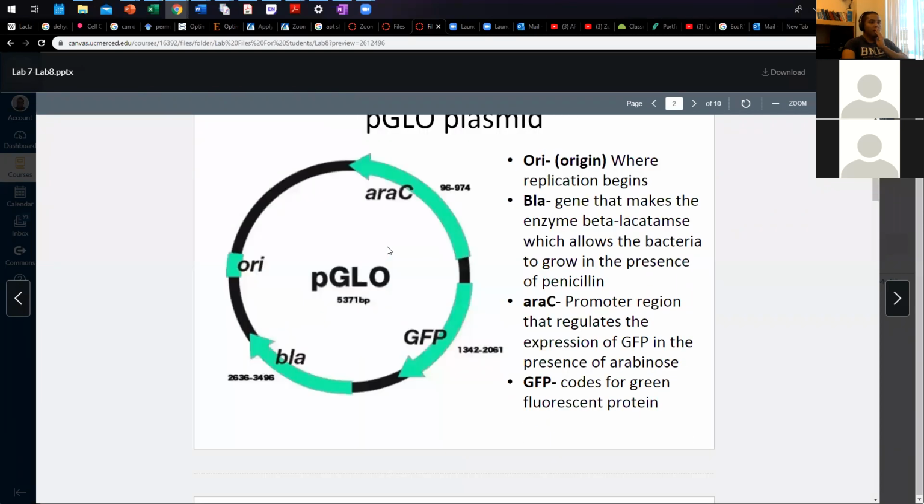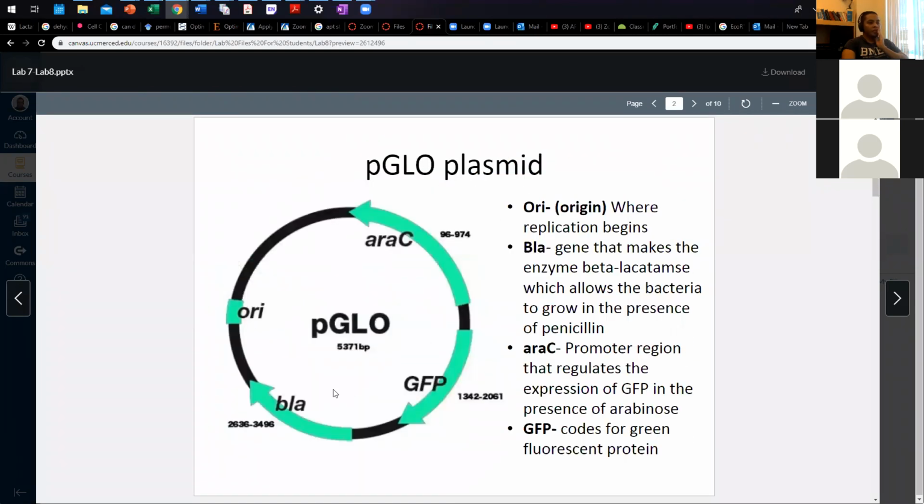We talked about the plasmid and its different parts: the gene for the fluorescent protein, the ampicillin resistance, or here they call it penicillin, which is a different antibiotic, but we used ampicillin. That's right there in that section. The arabinose, which controls the expression of this, is right there.